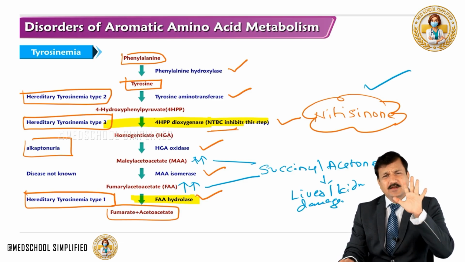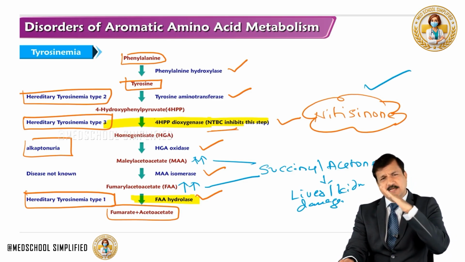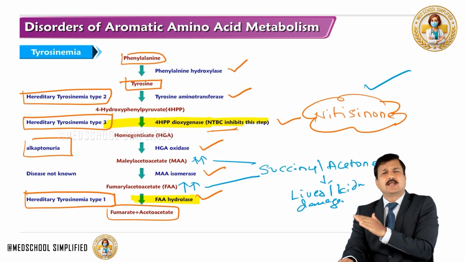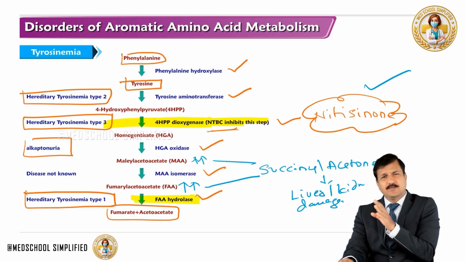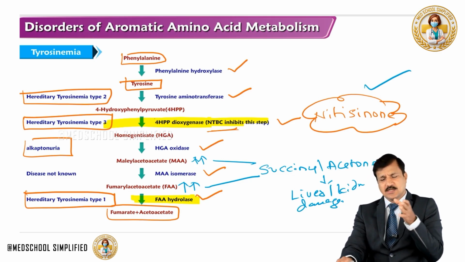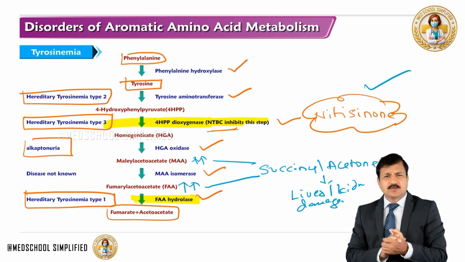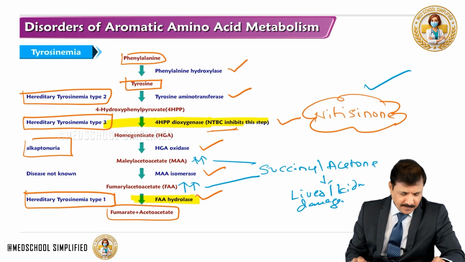So use of this drug will decrease accumulation of malylacetoacetate and fumarylacetoacetate, thereby decreasing DNA alkylation, tumor formation, liver damage and kidney damage, because succinylacetone, which is a derivative of them and a mitochondrial toxin, can be prevented.